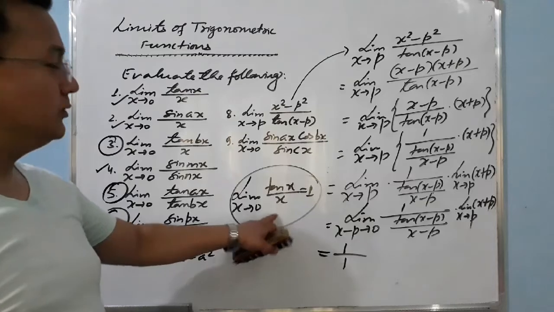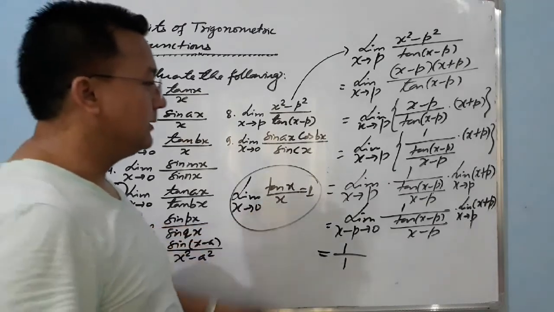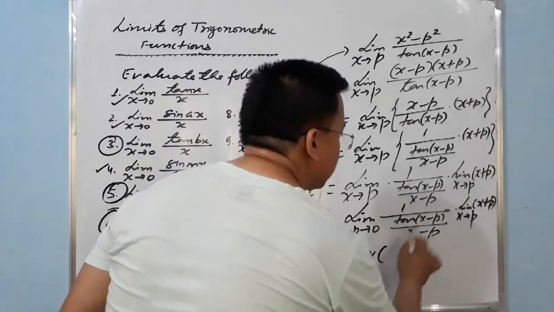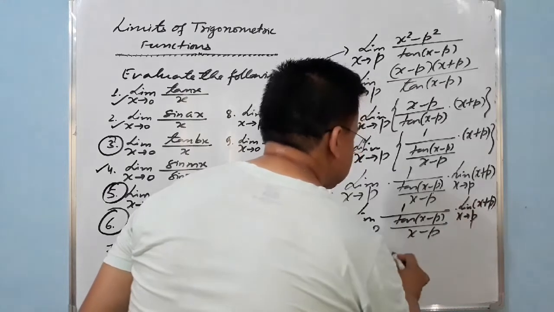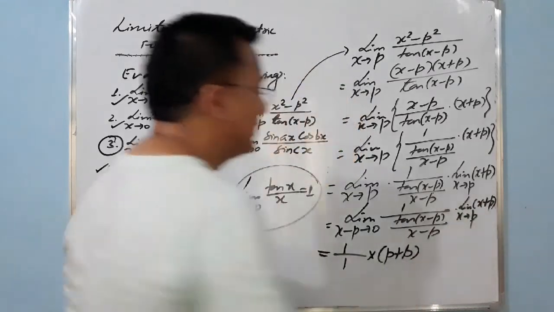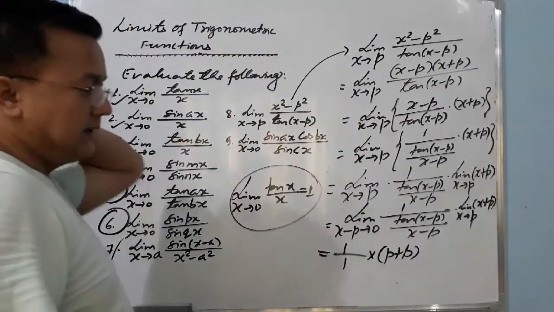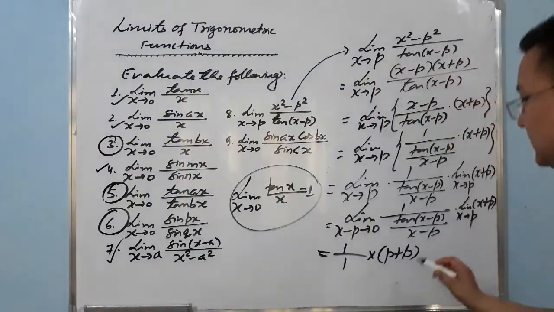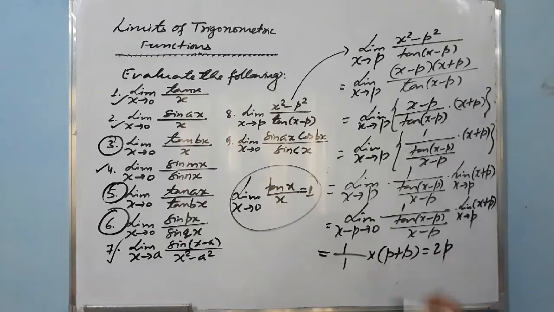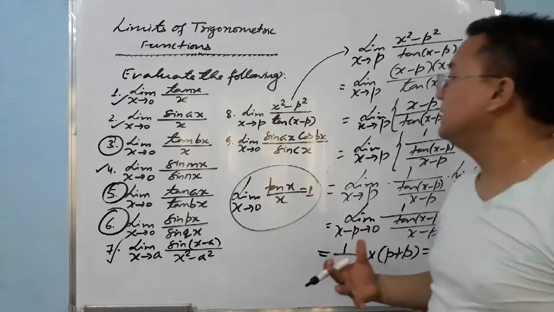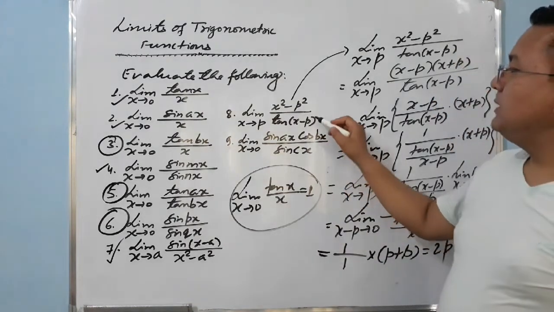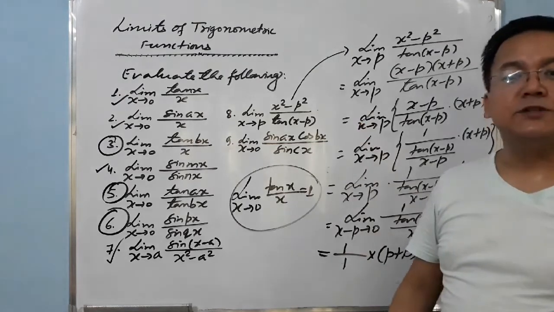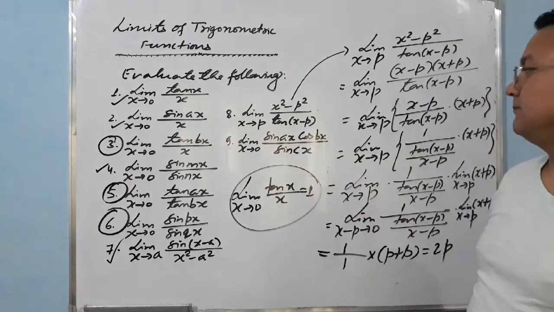And here, as x tends to p, x plus p gives p plus p, so you get 2p. So 2p is the limit of this function. So simple.